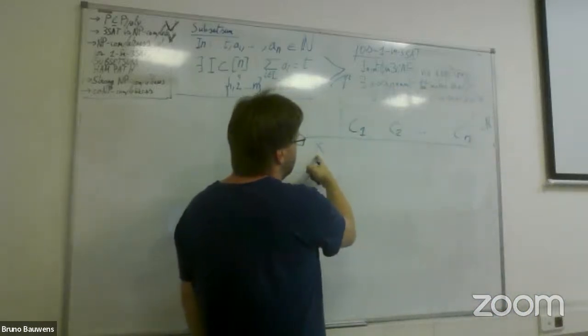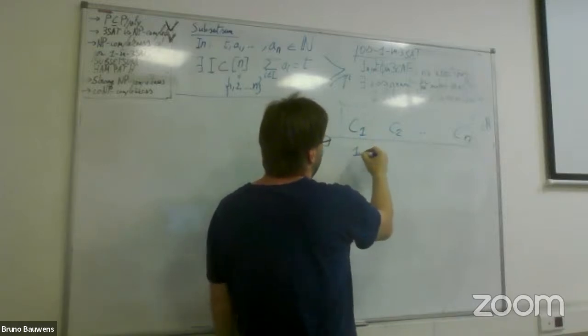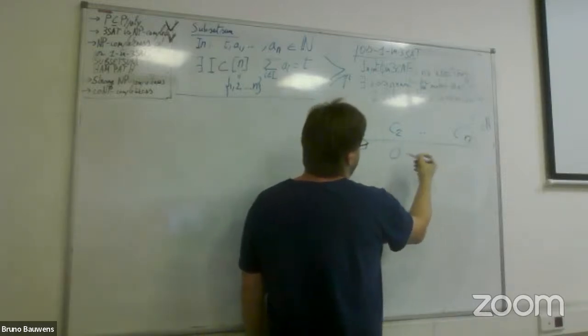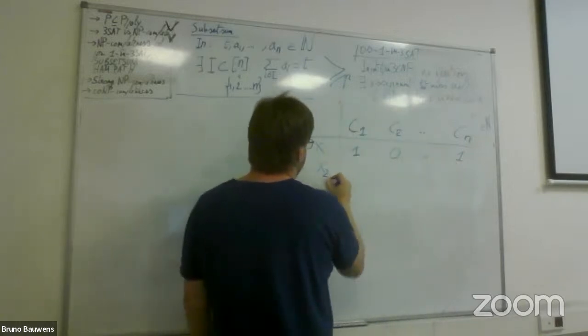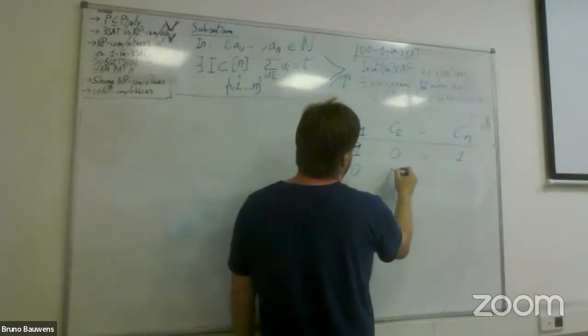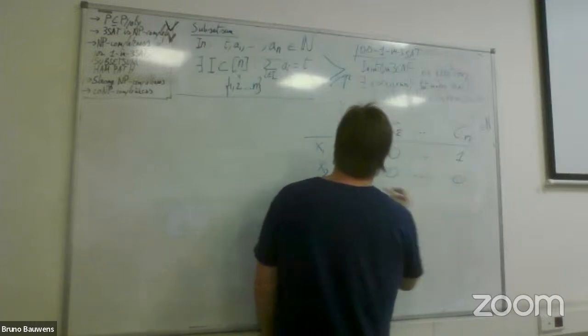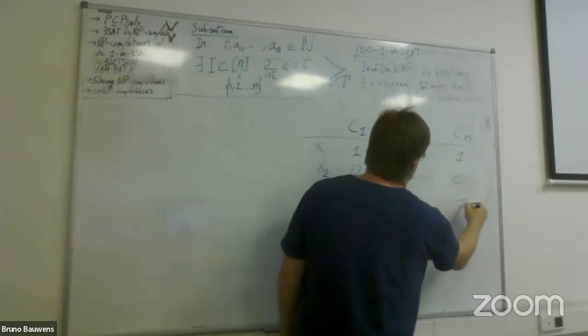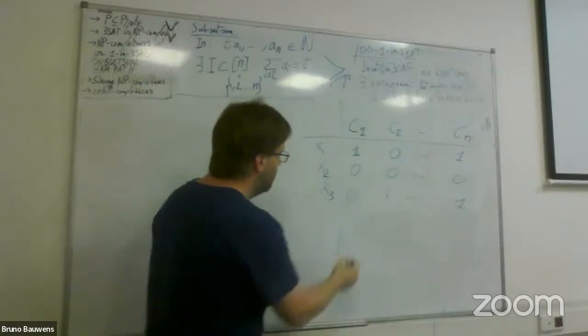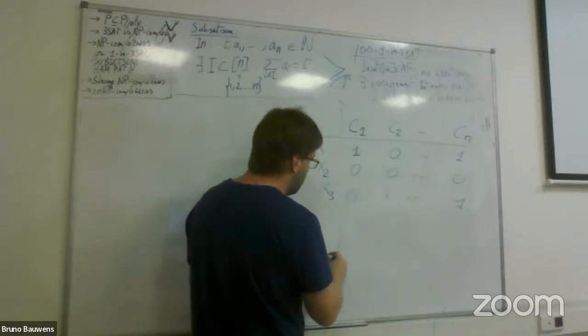If a variable appears in a clause, then we write 1. If it doesn't appear, we write 0. A second variable might be 0, 0, and x3 might be 0, 1. Something like this, and so we continue.